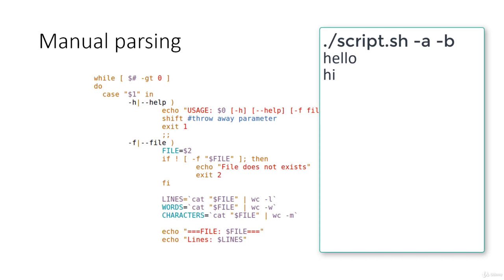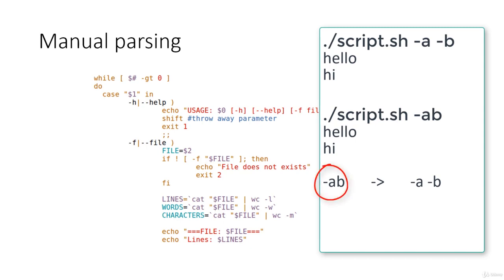But what would happen when someone would run your script with -ab, expecting that messages hello and hi would be printed? You would need to adjust your script to parse it to -a and -b, so instead of one argument -ab, you need to parse it as two arguments -a and -b. This behavior you can write yourself, or for such cases you can use tools like Getopts or Getopt.